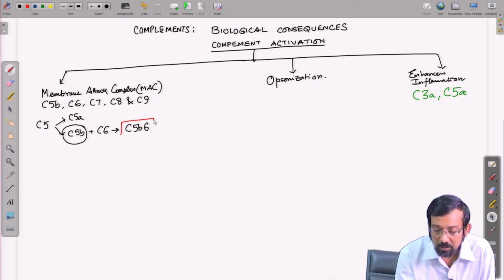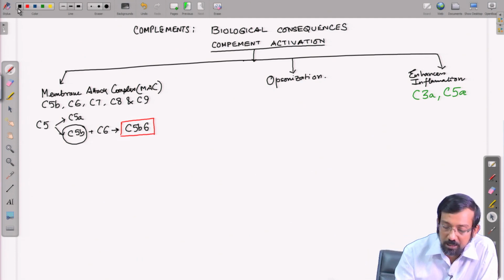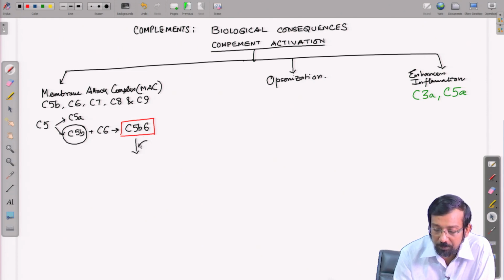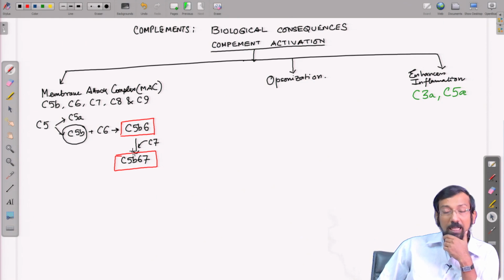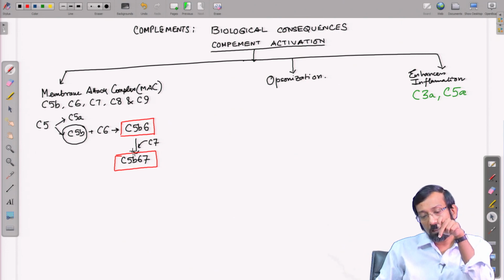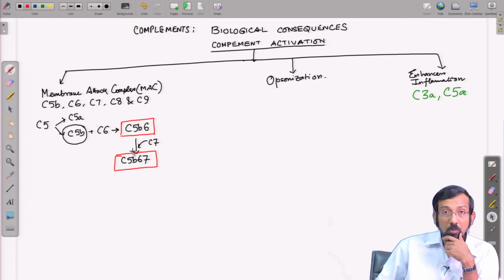Now, as soon as this C5b6 complex is formed, immediately C7 comes in and binds to this C5b6 and forms the C5b6-7 complex. And this C5b6-7 complex is already competent enough to lyse a cell or go into the cell membrane. Why?